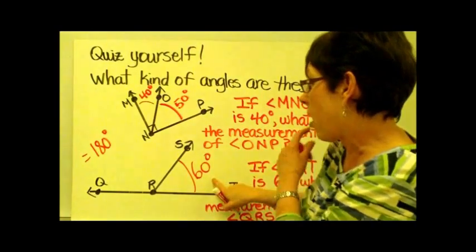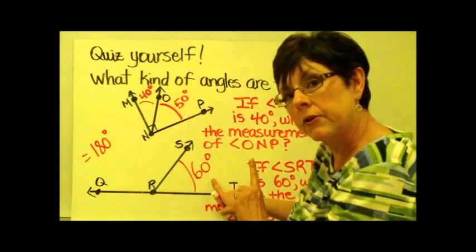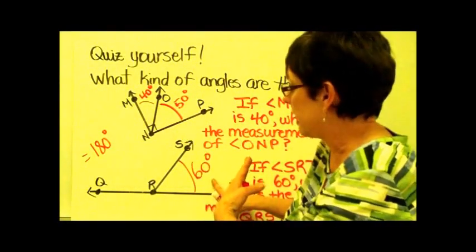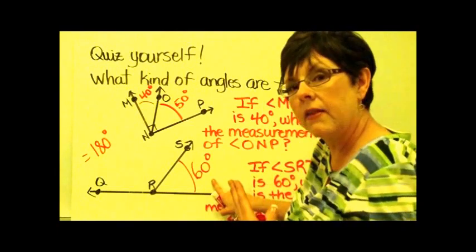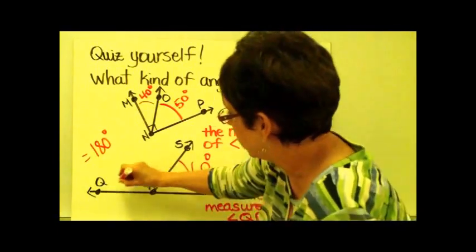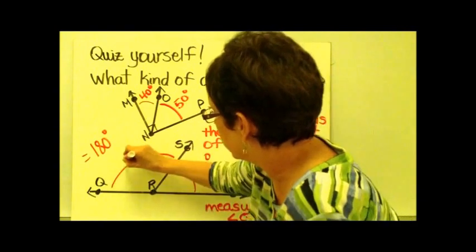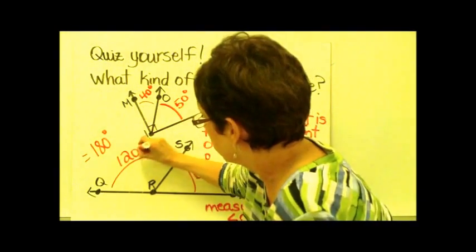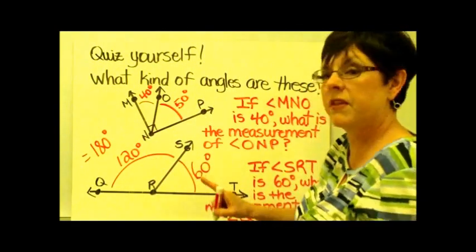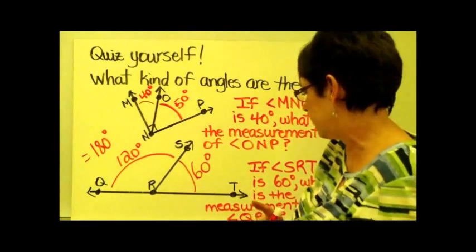If part of it already measures 60 degrees, you would take 180 minus 60, and this would give you 120 degrees. So the rest of this would be 120 degrees. Both of them together should equal 180 degrees.